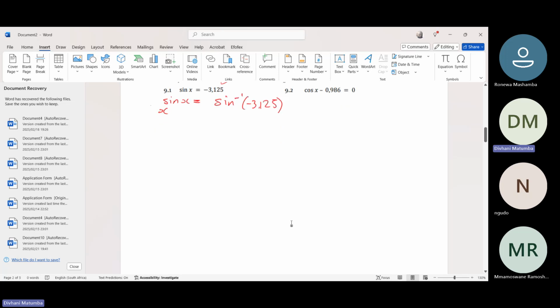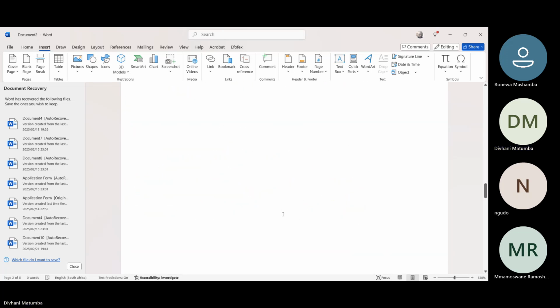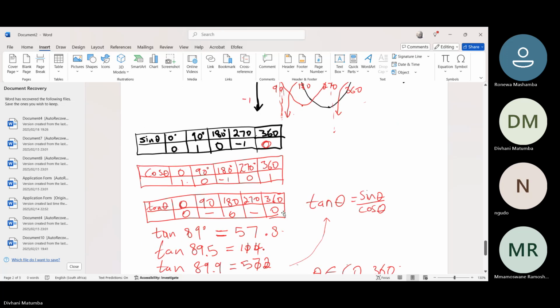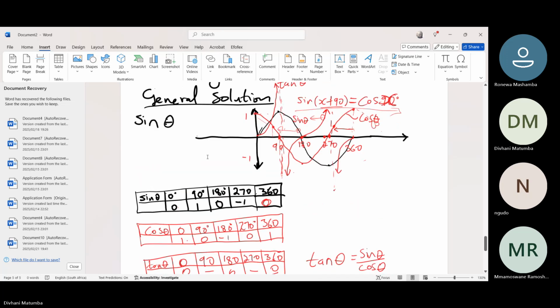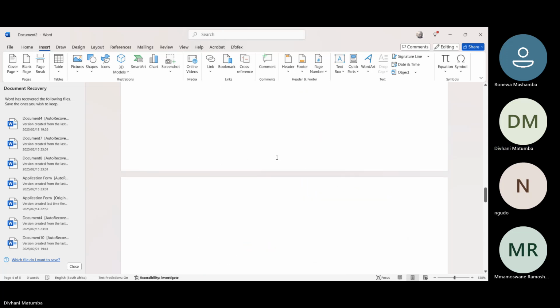If you have a standard graph like the one I've drawn, the maximum of a standard sine theta or sine x graph ends at -1 and 1. You agree? Yes, sir.